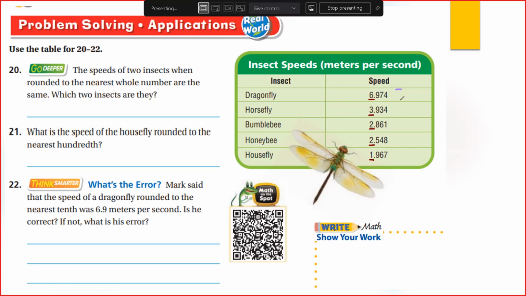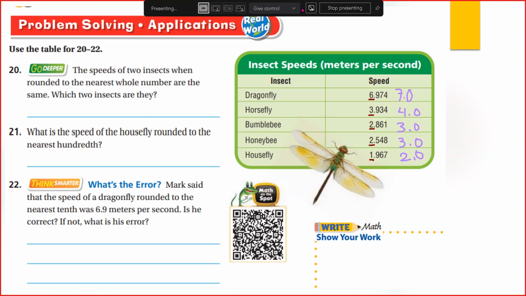It can give, so it will be 7. Bravo. The second one. 4. Bravo. The third one. 3. The fourth one. 3. And the last one. It will be 2. Bravo.